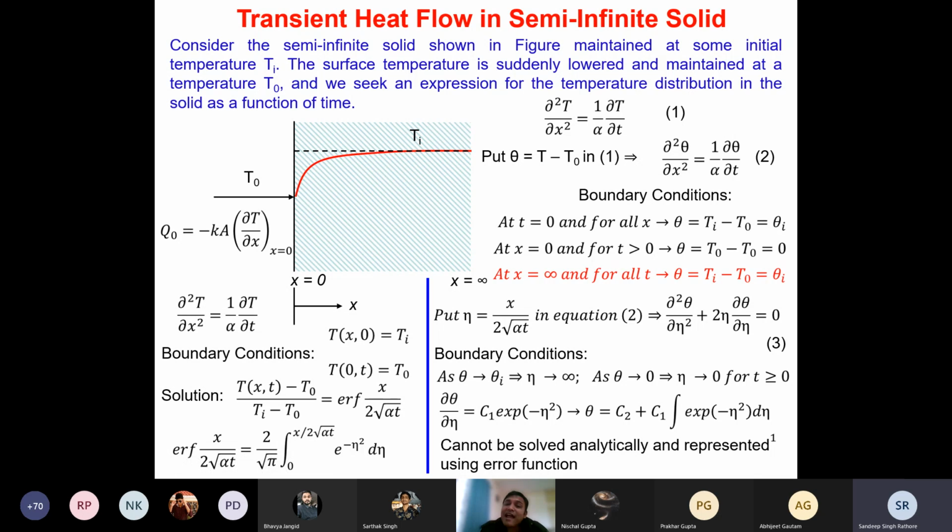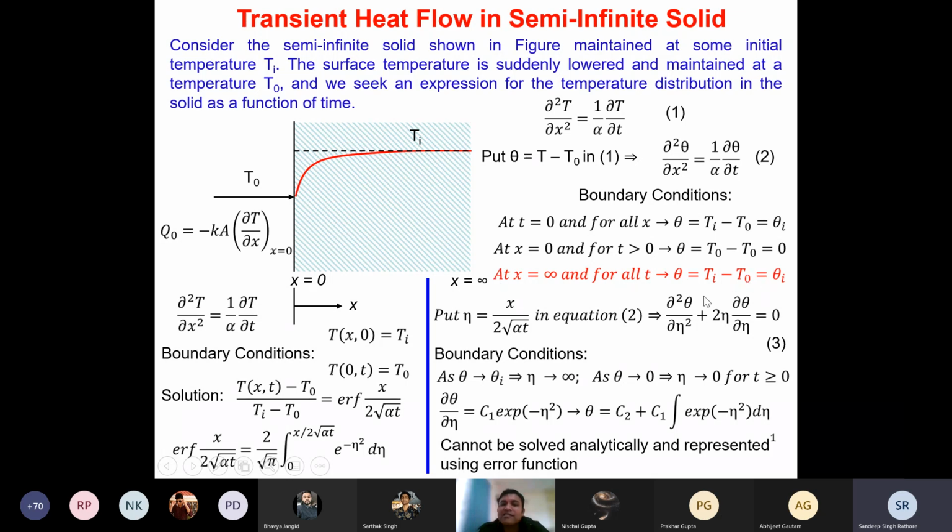As I said, in such cases we have to non-dimensionalize this equation. Why? Because I will not be able to apply this third boundary condition, X equals infinity. At X equals infinity, my temperature Ti becomes, with theta defined as (T − T0)/(Ti − T0).